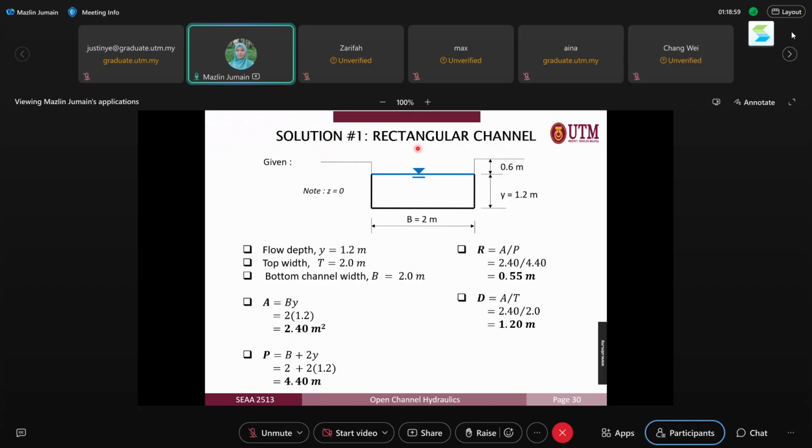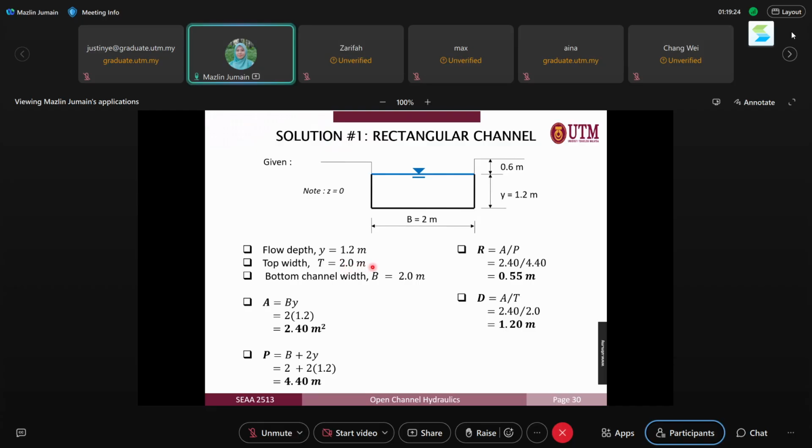For the top width, T, for a rectangular channel T is also equal to B, the bottom width. T here at the top is equal to the bottom width. T equals 2.0 meter.